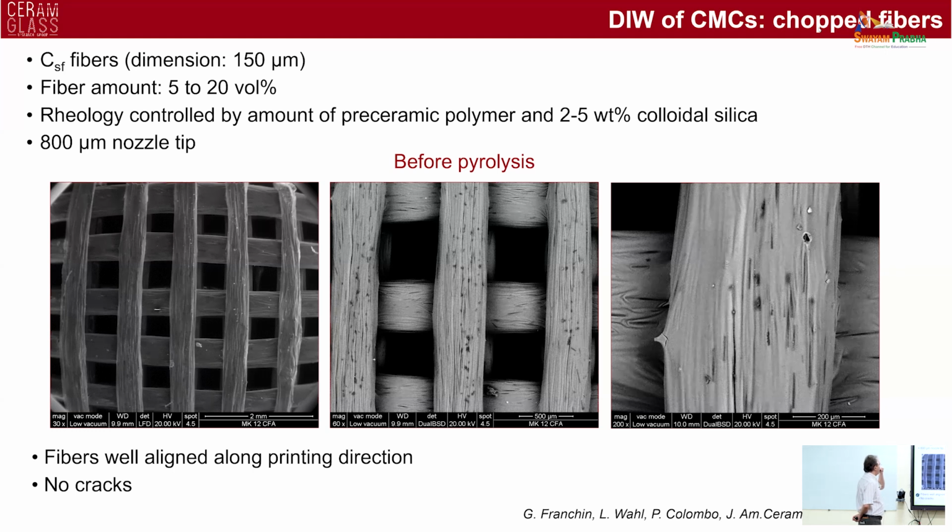The fibers have a diameter of between 6 to 8 microns, and these are chopped fibers with a length of 150 microns. On the market, you can find carbon fibers from, let's say, 60 microns to 200, 300 microns.